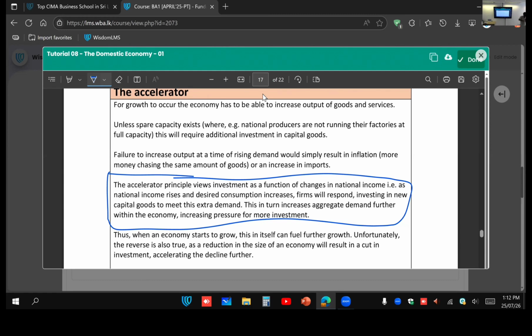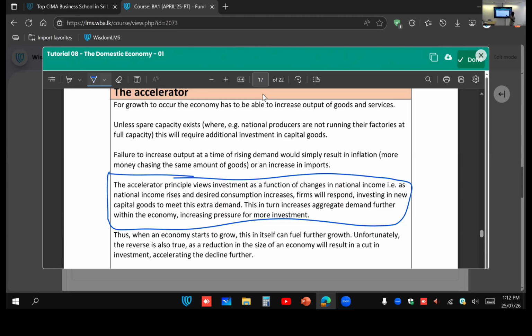So when consumption increases, what will happen to the producers or suppliers or manufacturers? They will have to increase as well. Clear? They will have to increase the production or manufacturing to meet the demand. So firms will respond by investing in new capital goods to meet the extra demand.